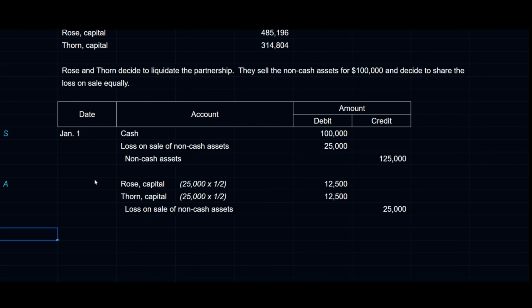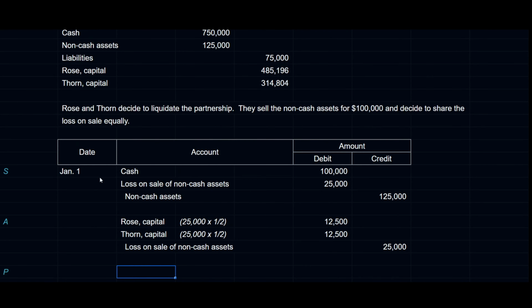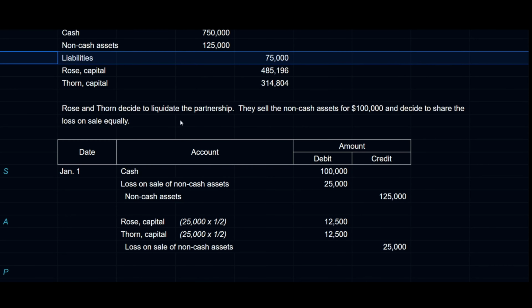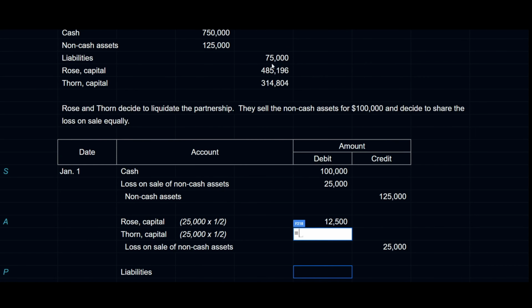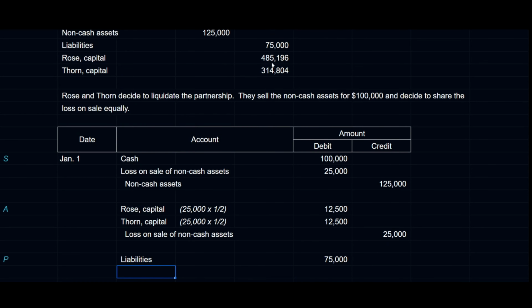The next thing we have to do is pay the liabilities. They can be paid by simply debiting the liability account and crediting cash. The liabilities were for $75,000. So we can debit our liabilities for $75,000 and credit cash for $75,000.